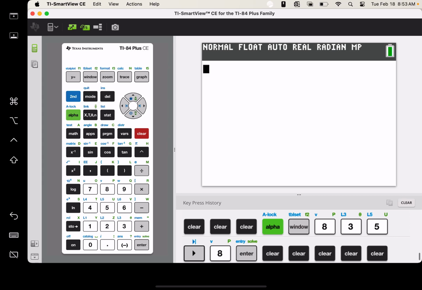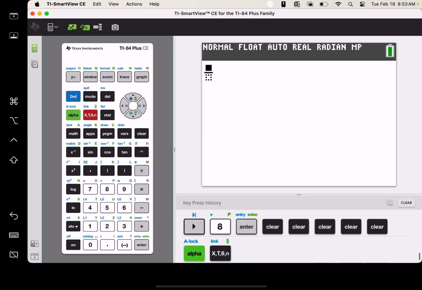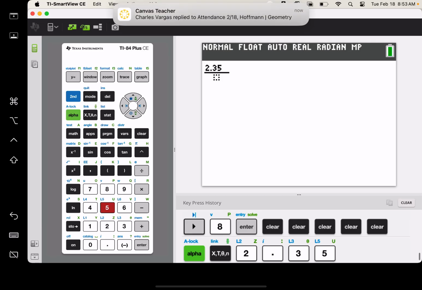So I'm going to make a fraction. You can do that with the green key and then the key just to the right of that. And on the top, I'm going to put my 2.35 times 10 to the 7. So 2.35. And then the way you can do times 10 to the 7 without having to type all that out is you can do the blue second key and then the key that is just above the 7.